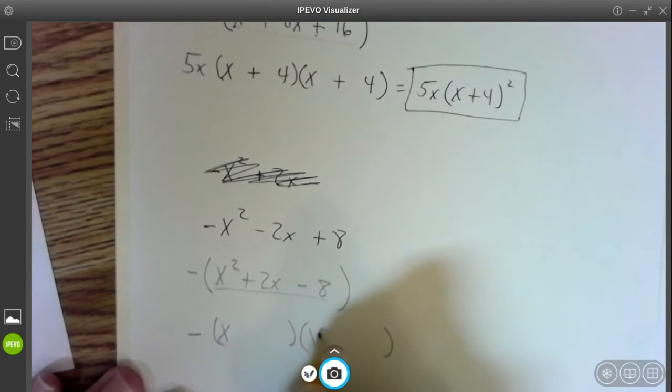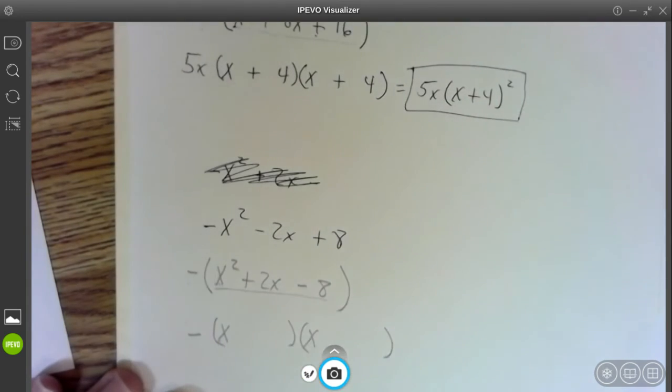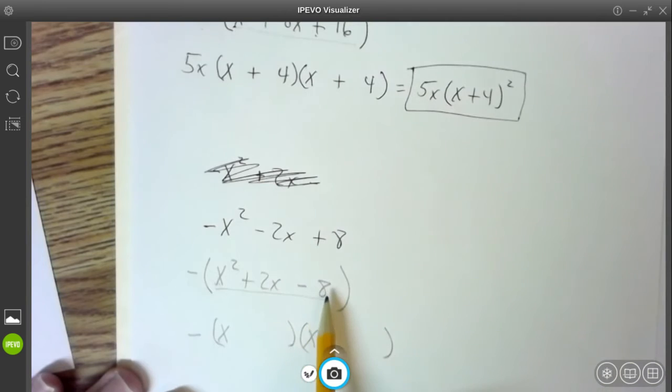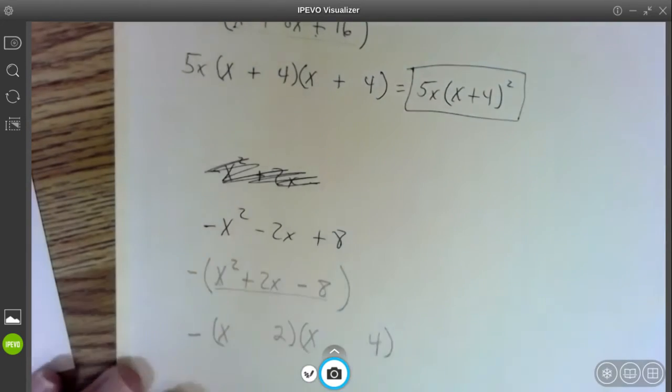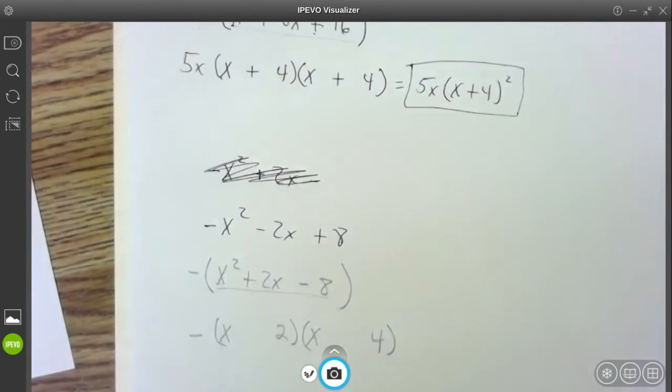I'm going to take all of this and factor it into two binomials. X times x will give me that x squared. I want two numbers that multiply to 8 and subtract to give me 2. 2 and 4. They multiply to 8 and they subtract to give me 2.